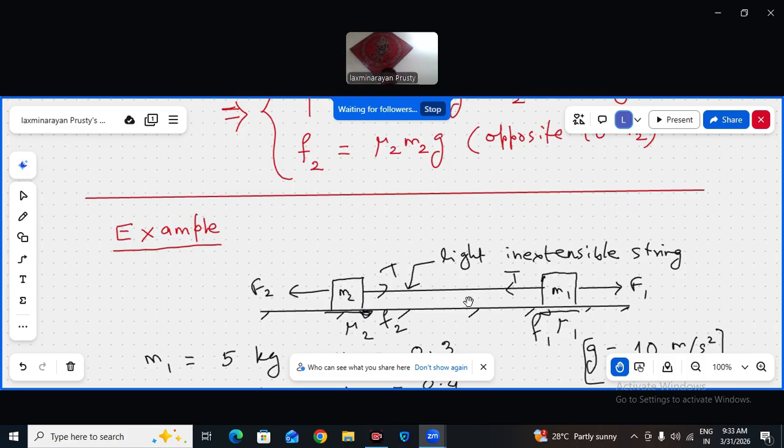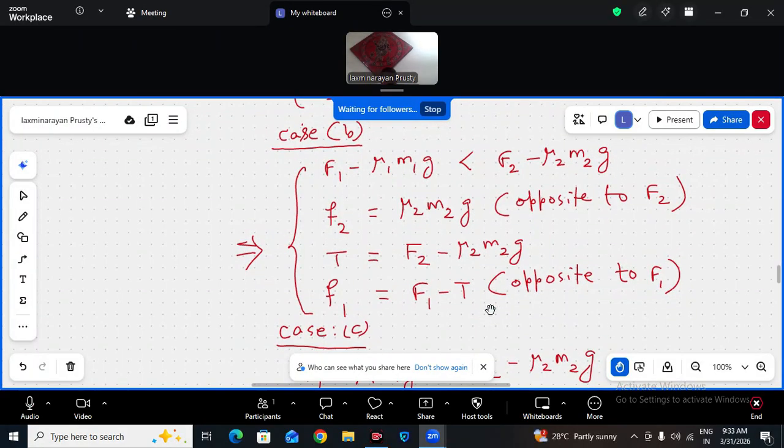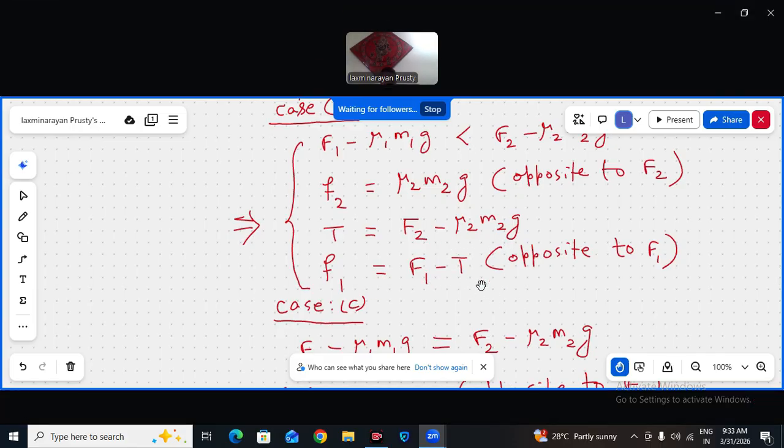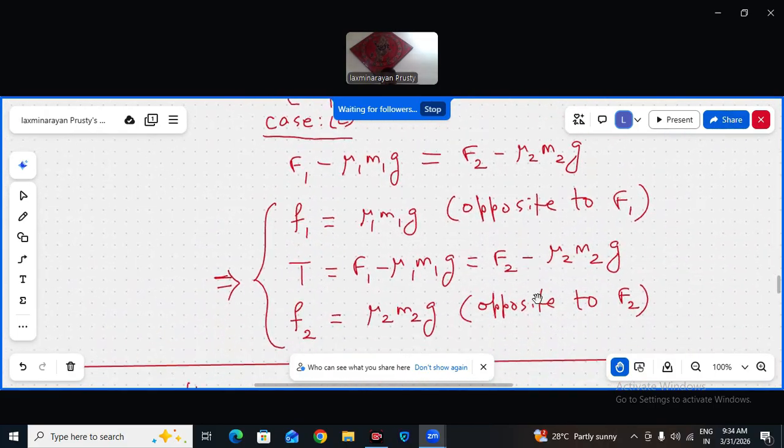So 8 is greater than 5. So this will reach the maximum value first. F2 will be μ2 m2 g. This will come under case B. After that, the tension will be capital F2 minus μ2 m2 g, and F1 will be F1 minus T. This will not become maximum. F1 will not reach maximum. So it's very simple.